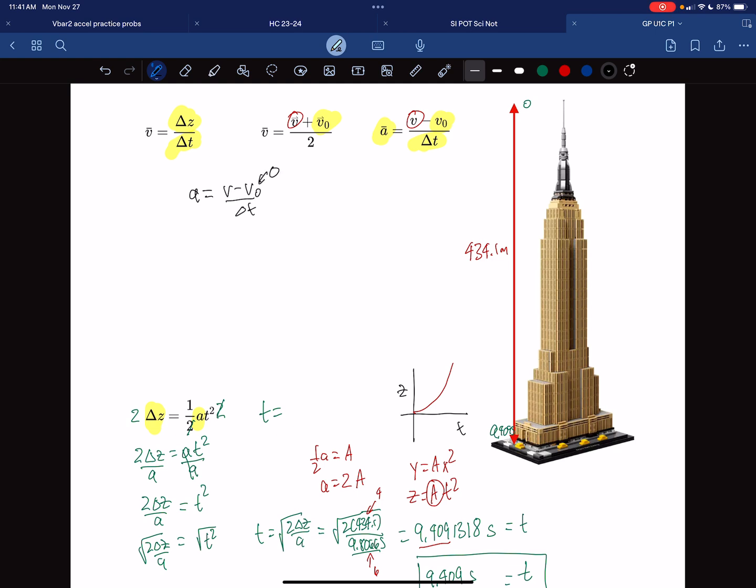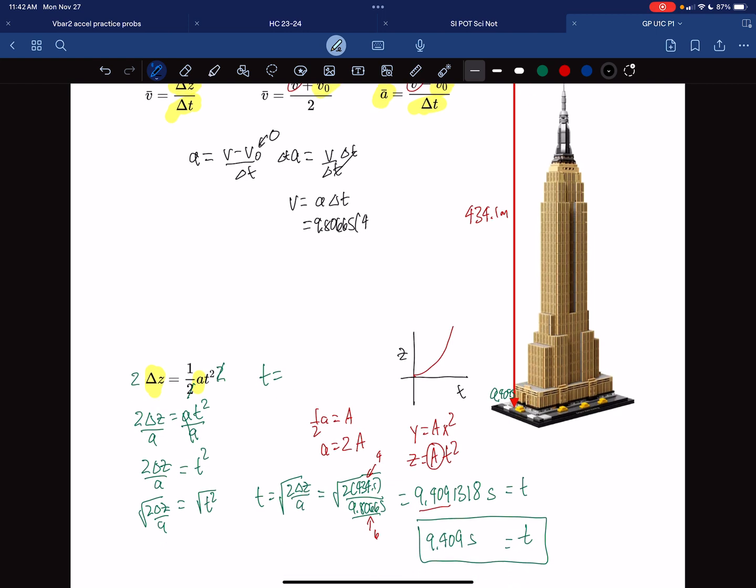Now V0 was 0, so that gives us A equals V over delta t. To get V by itself, we multiply both sides by delta t, and that gives us V equals A times delta t. That acceleration, 9.80665, times 9.4091318 is going to give us that velocity.